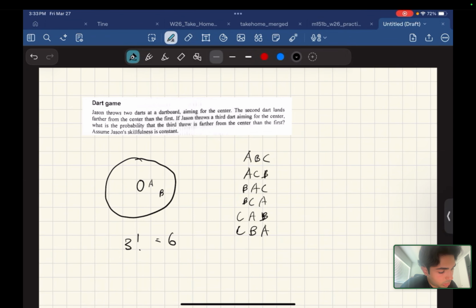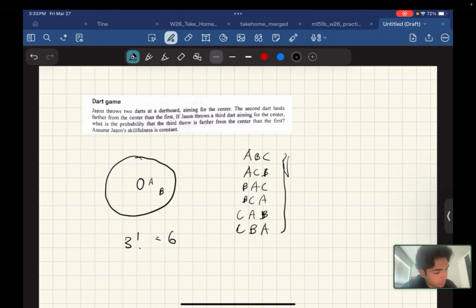So if we look at our possible orderings, which ones can we not include now? Any ordering where B is before A. If this is the center, and this is how far each thing is from the center, A is the closest, B is the second closest, and C is the farthest in this case, and we're ranking how close they are to the center.